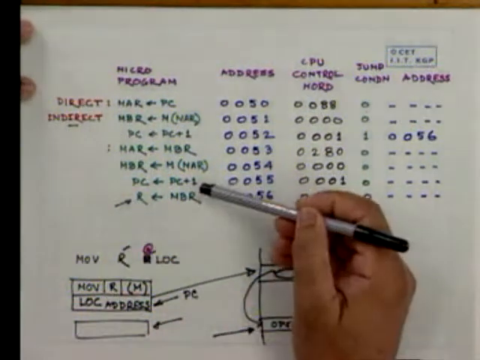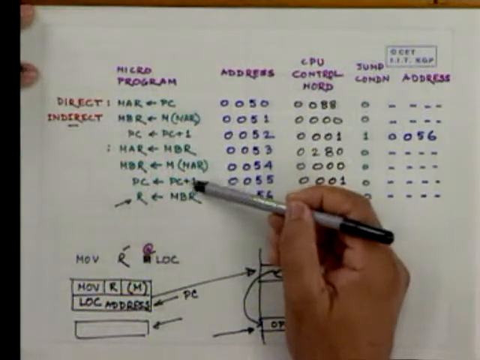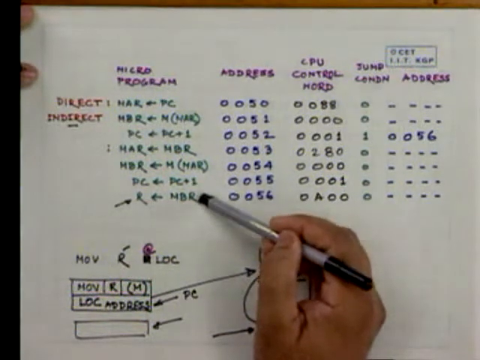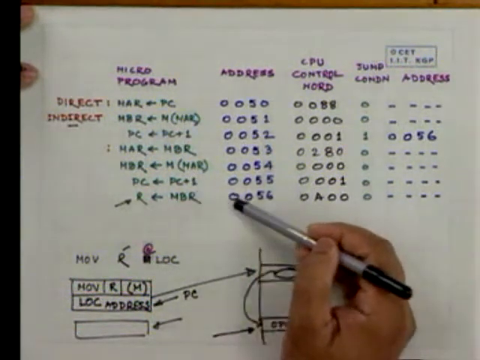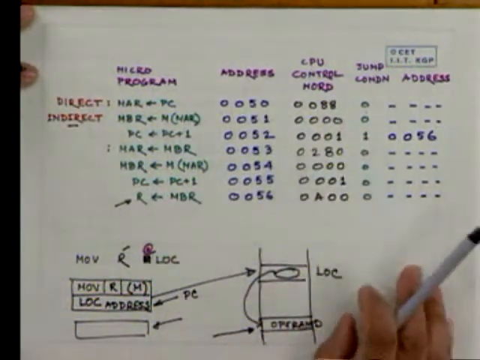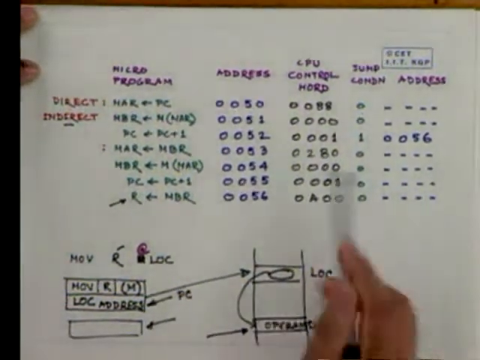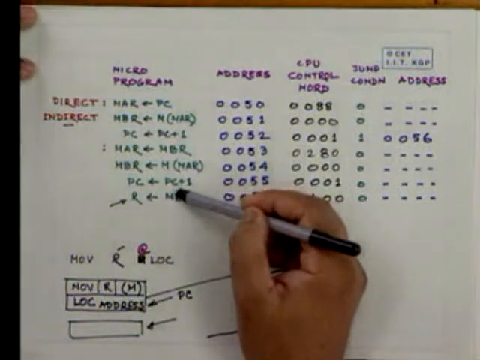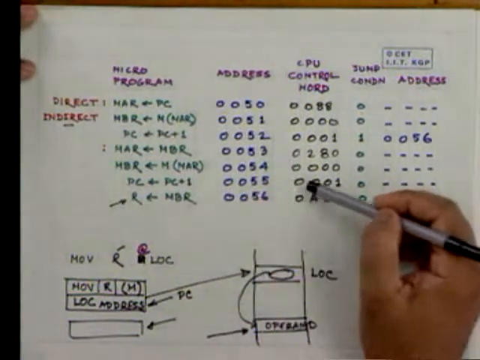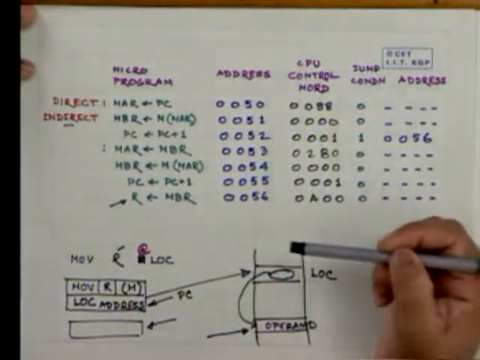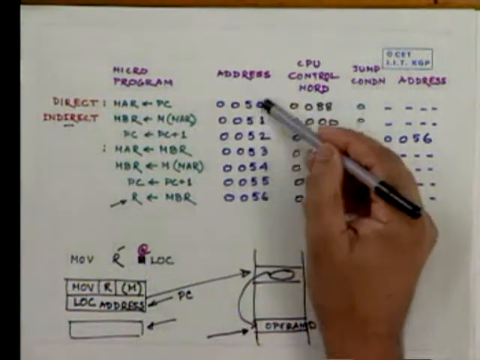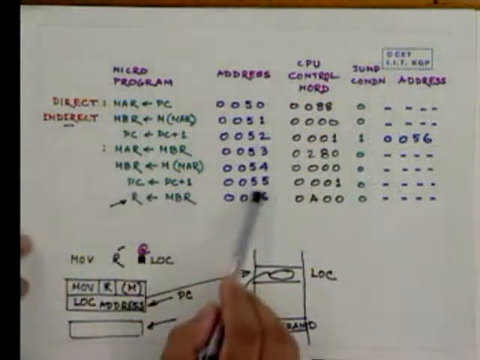Now, as I said earlier, some of these micro instructions can be clubbed together, but that's a minimization procedure. One can critically examine these micro instructions and see what control words can be merged with what control words, and minimize the total micro program for a particular addressing mode.